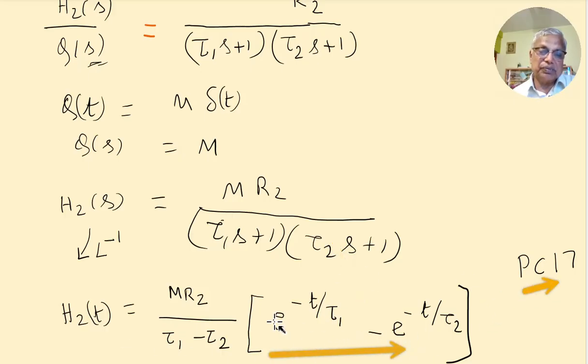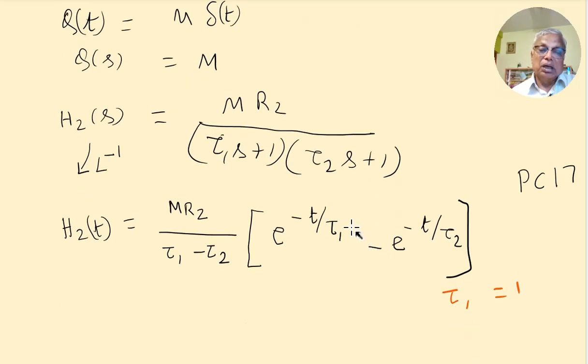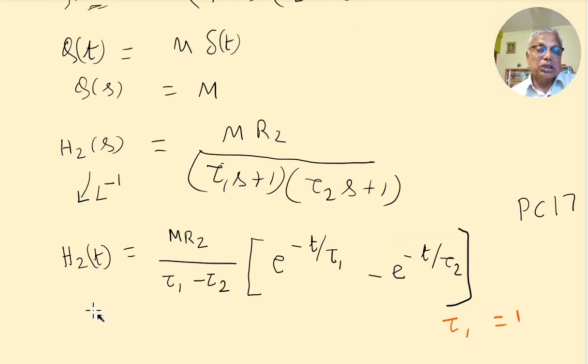So this term, 1 by tau 1 minus tau 2 into e power minus t by tau 1 minus e power minus t by tau 2, is the inverse of this function. This is the response in terms of deviation variable for the second tank after the impulse input is given.